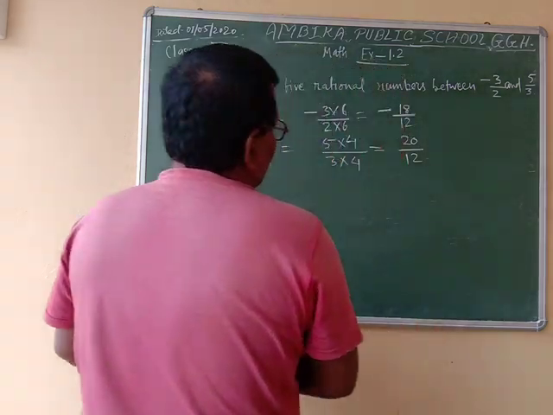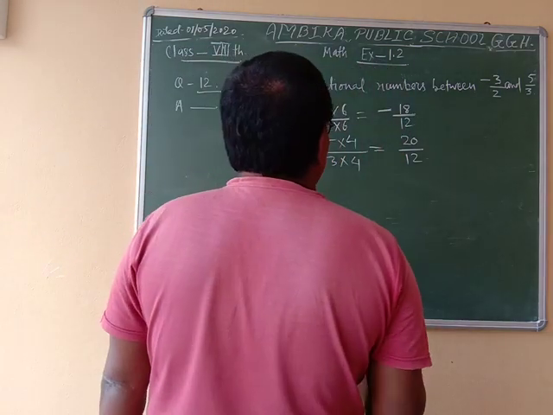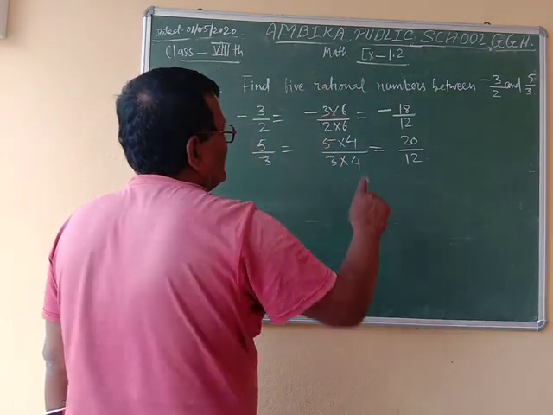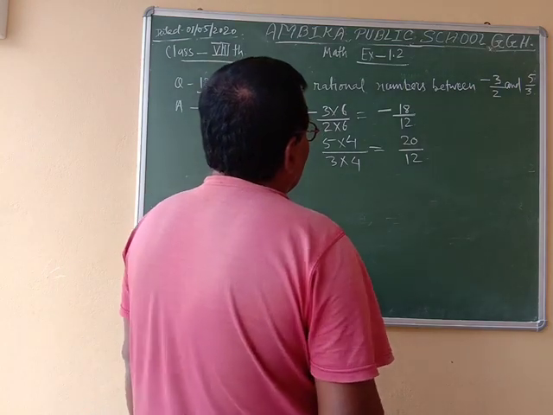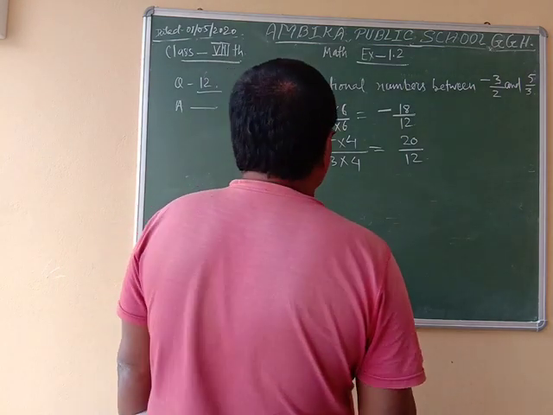Here we see that there are so many integers between minus 18 and 20.